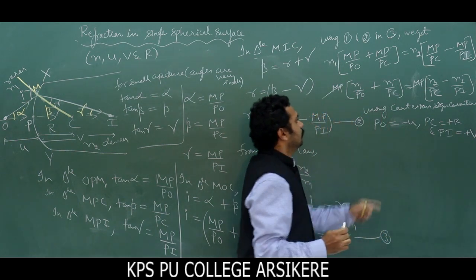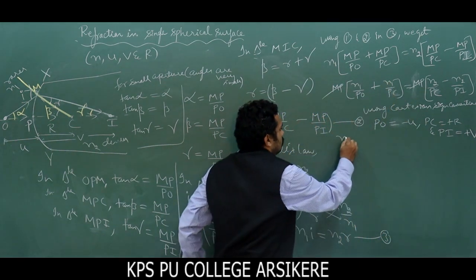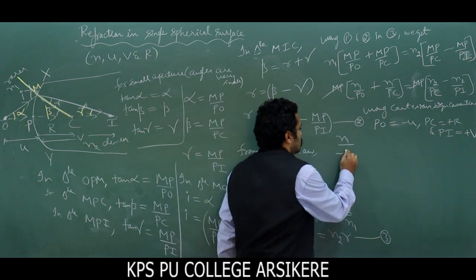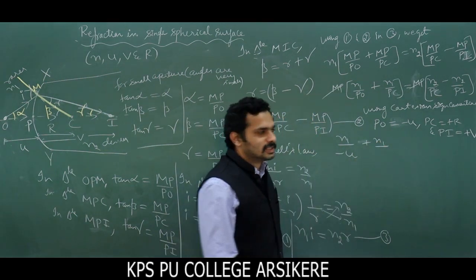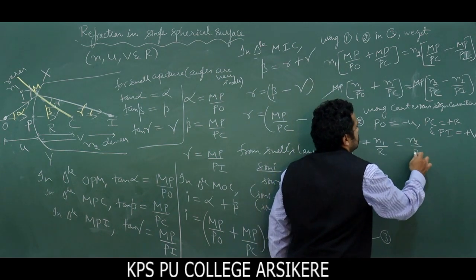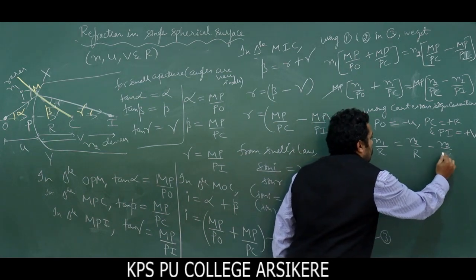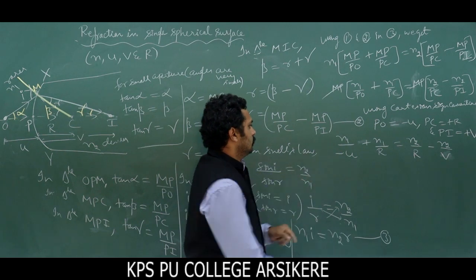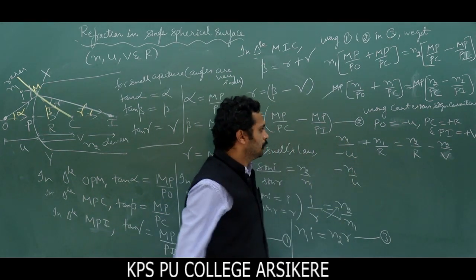Now I am using minus u, R and v in this expression. The terms are N1 by PO. PO is minus u. PC is plus R, PI is plus v. Now you take minus to the numerator: minus N1 by u.